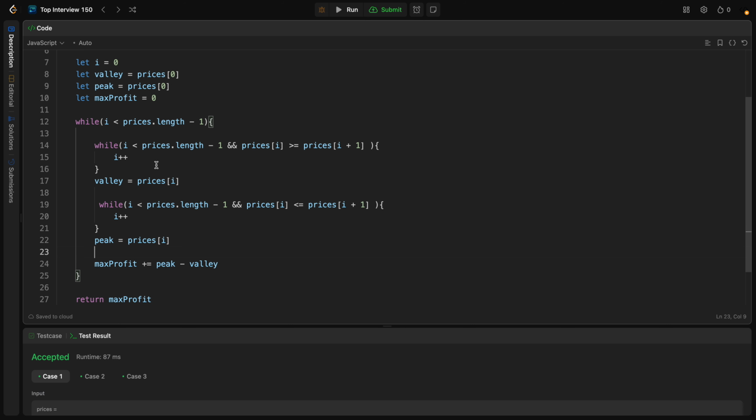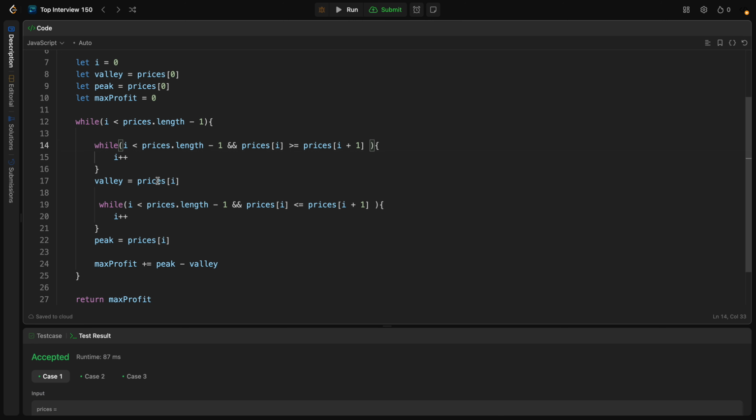We iterate through the prices while the while loop continues as long as I is less than prices dot length minus 1. The minus 1 here accounts for the need to compare the current price with the next price, because we compare two elements together.